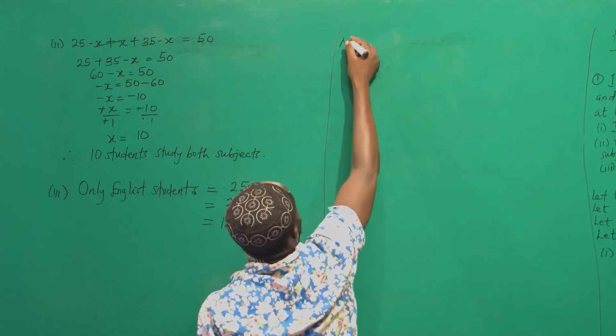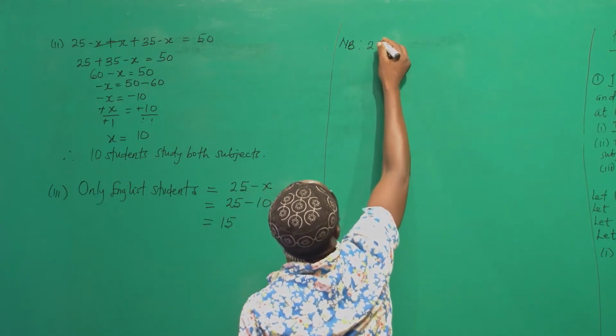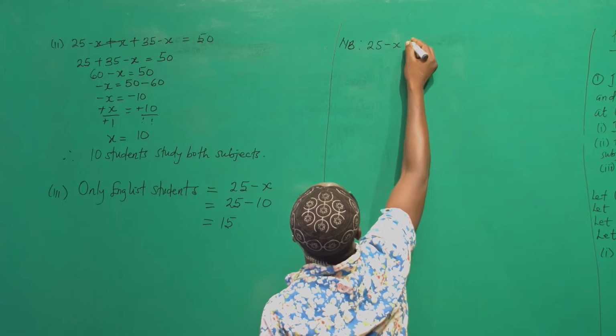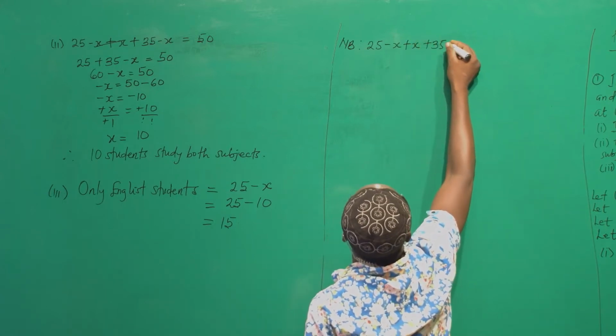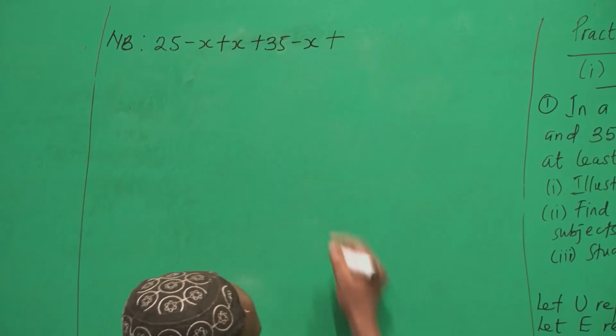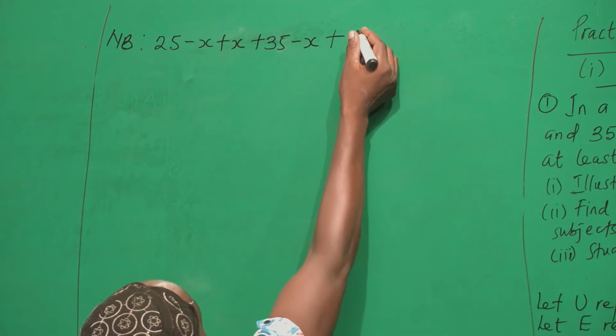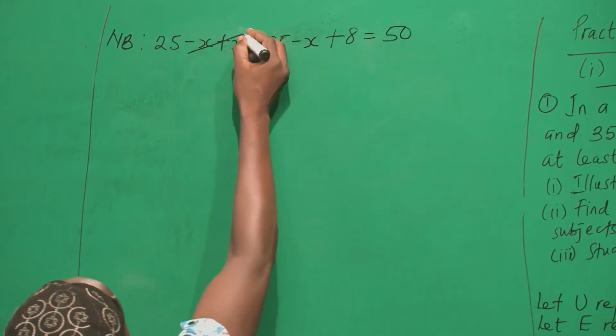So let's see how that one also works. Let's take the MB part. So that one will be 25 minus x plus 35 minus x. Then we add the 8. So plus 8 is equal to what? 50. So once again, this goes away.